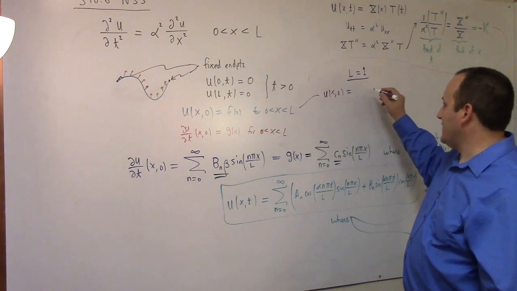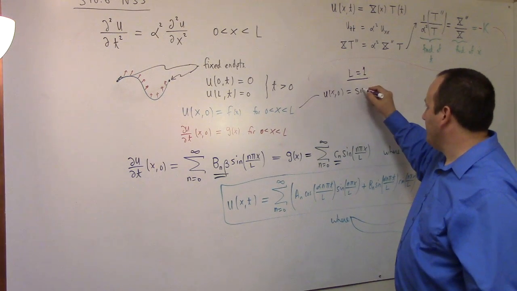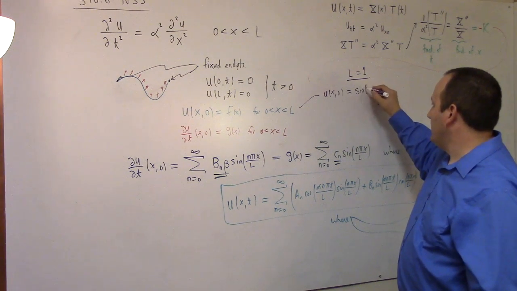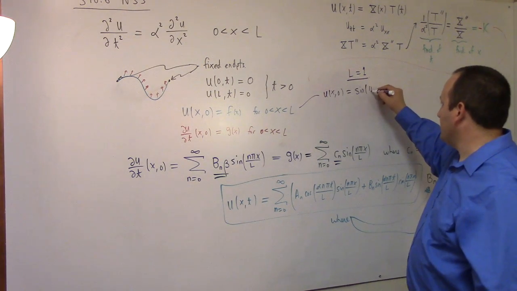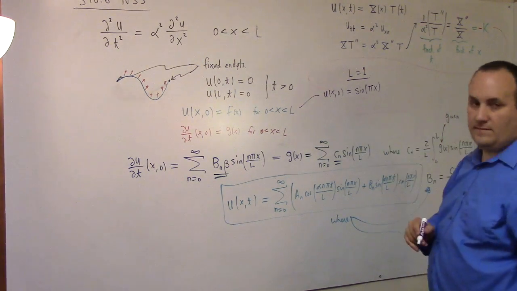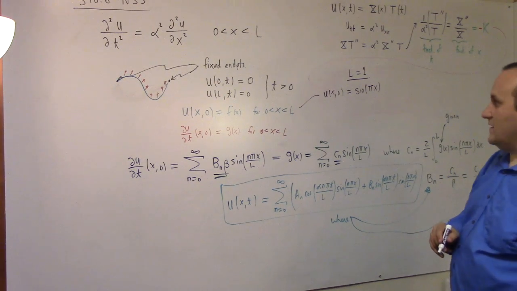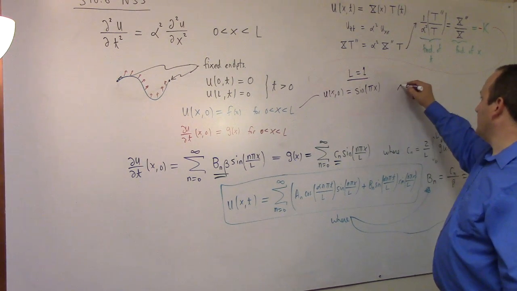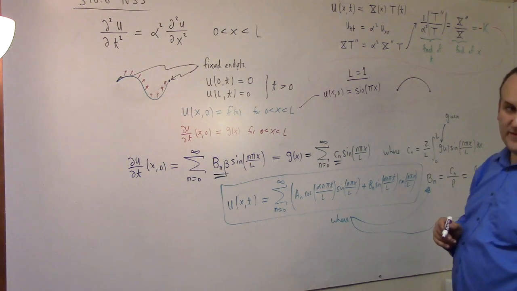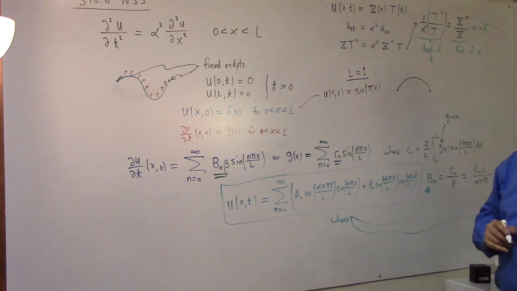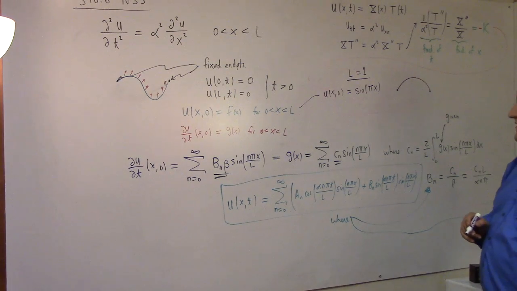So what could you do? How about sine of, I guess the simplest thing to come to mind for me is sine of pi x. That means that the string looks like this at time 0. And then initial velocity, what do you want to make that?